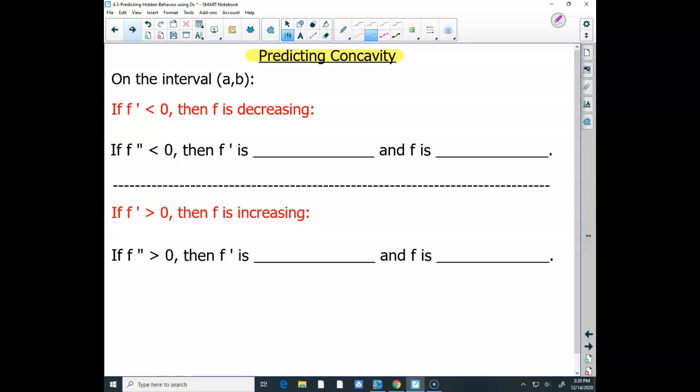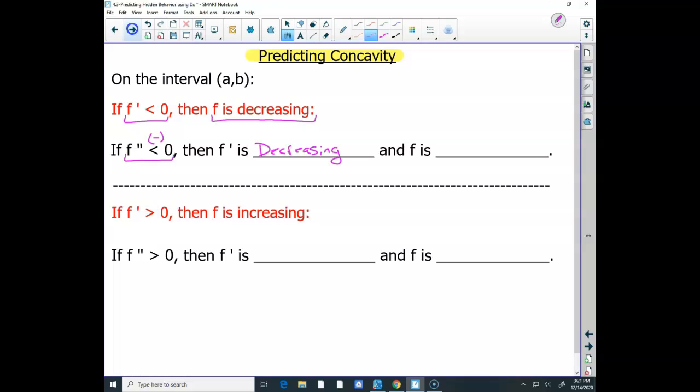So what we think about is, we know if f prime is less than 0, then f is decreasing, right? So if we're thinking of the second derivative, if the second derivative is negative, wouldn't that mean f prime has to be decreasing?